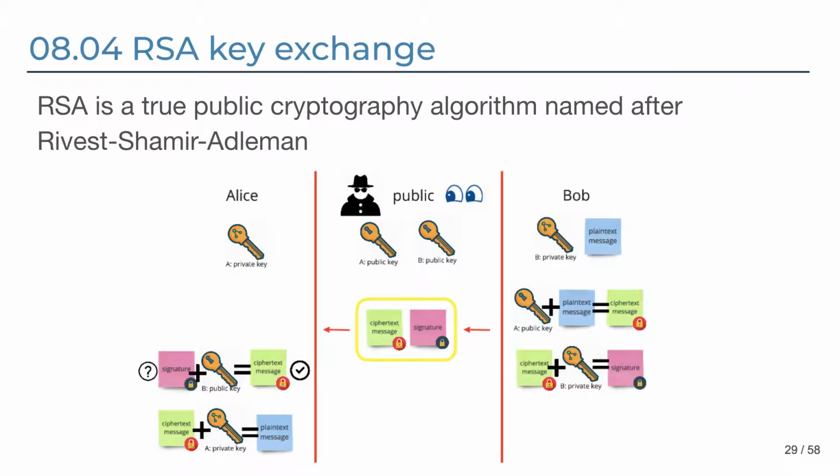However, there's another solution, which is called RSA key exchange. RSA is another famous cryptography system, besides the Diffie-Hellman one, based again on a couple of people from the 70s, Rivest, Shamir, and Adleman from MIT.